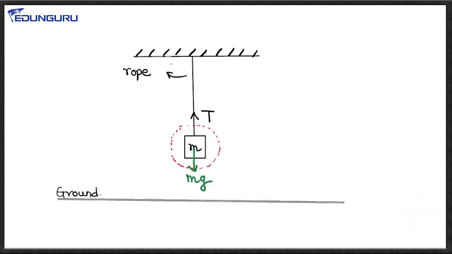Suppose this is the point, and what is the tension acting on this point? I am taking this point out. These are the parts of the rope.